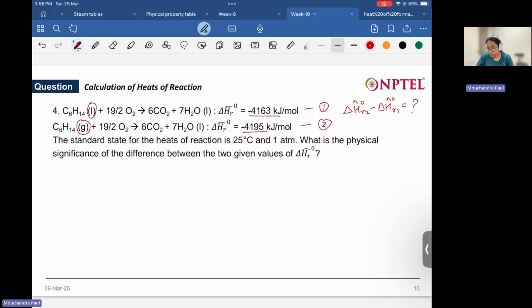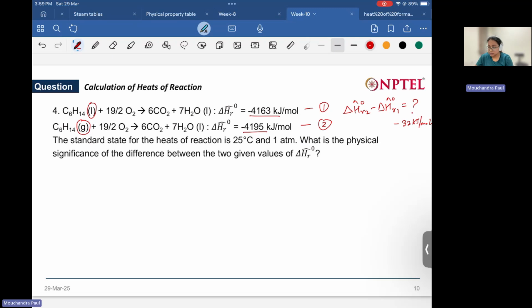What does this imply? What is this difference value that you would get? So you should get a difference of around minus 32 kilojoule per mole. So what does this minus 32 kilojoule per mole imply?